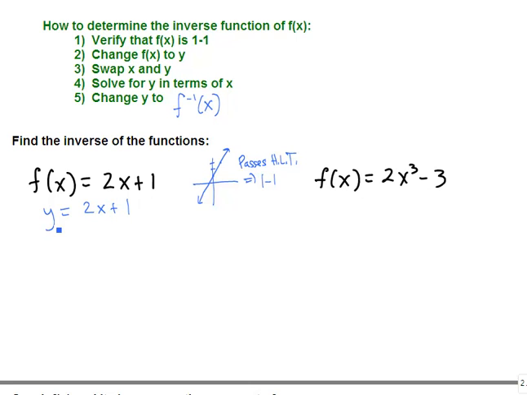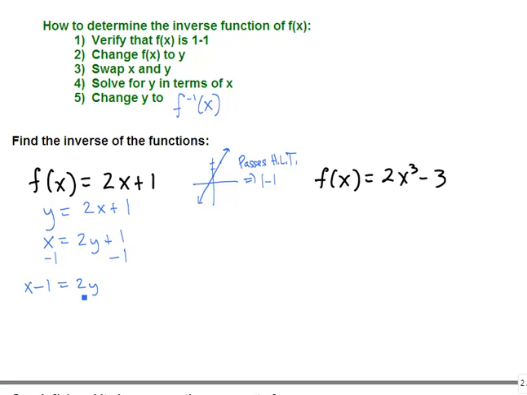To get an inverse, you need to swap your x's and your y's. So now I'm going to change this y into x and this x into y, and everything else will stay the same. Now this is actually your inverse right here, but to write it as an inverse function, you need to be able to solve this for y. So now we're going to solve for y, and to do that we want to isolate the y, so all I have to do is subtract 1.